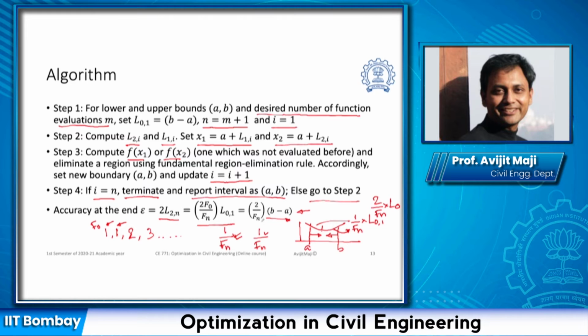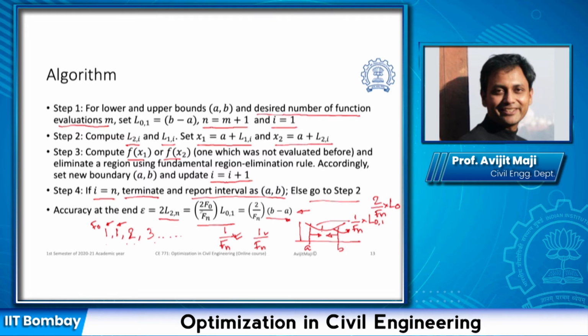From there, we can look into the number of points we need to find out the function values, and that can be equated with the desired number of function evaluations, and then we can estimate what my n value is going to be.